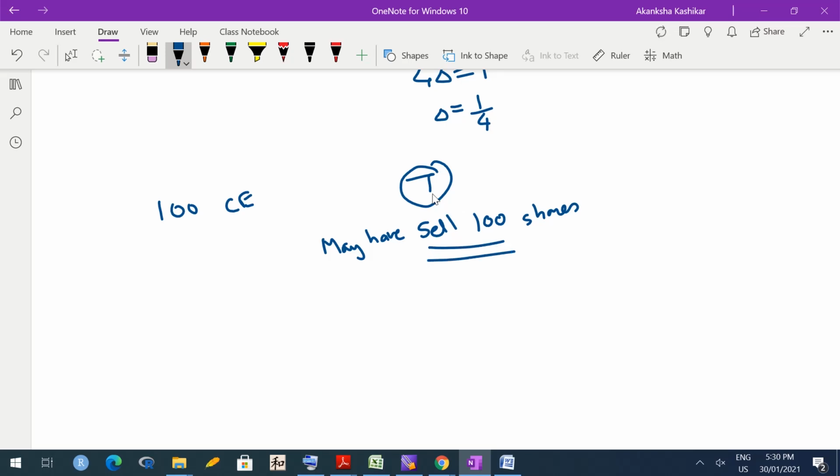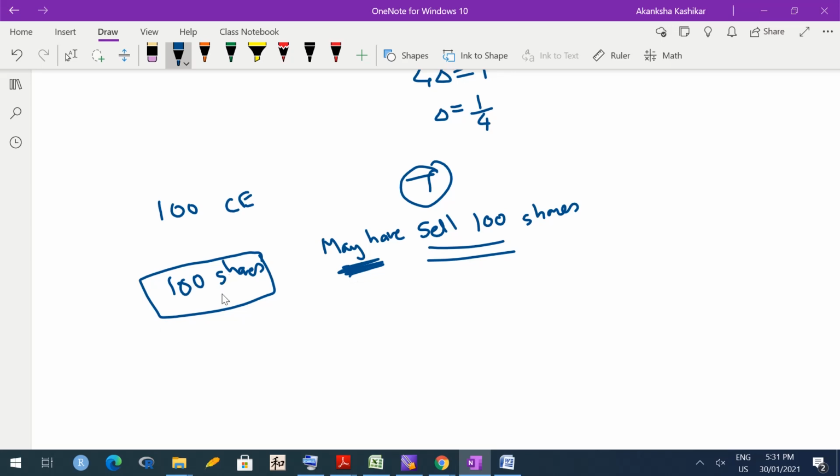Now if I am going to sell 100 shares at time T, I should have shares with me. So should you buy 100 shares at time point 0? Some people will say yes, you will have to buy 100 shares because then only you can sell 100 shares. But remember, this is a maybe. We may have to sell 100 shares; it's not fixed.